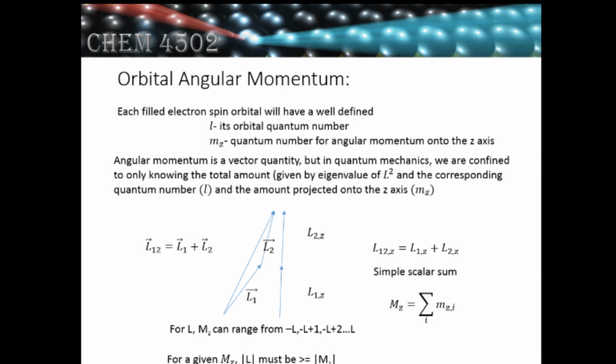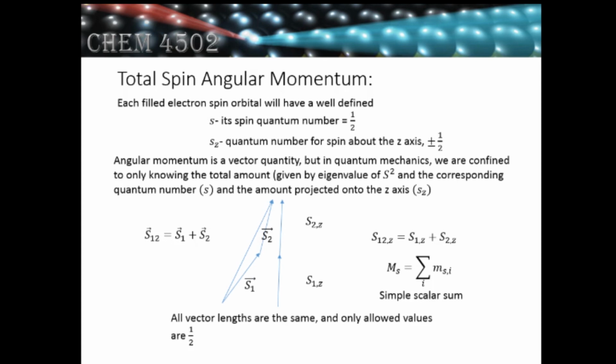It can go from minus L to minus L plus 1 to minus L plus 2, all the way up to L. Well, now we're going to end up working in reverse. We're going to be able to figure out what the angular momentum projected onto the z-axis is, and then we're going to know that the value of capital L has to be greater than or equal to our value for M sub L. Right? There are going to be a number of different states that can correspond to.